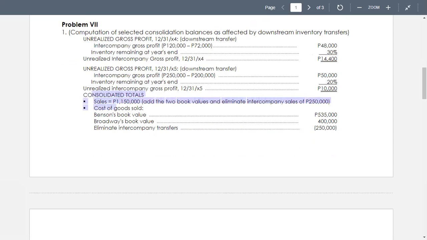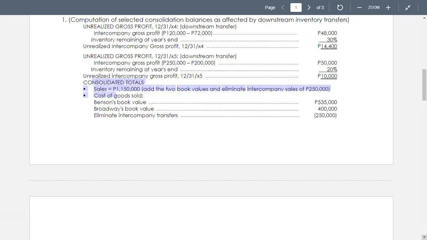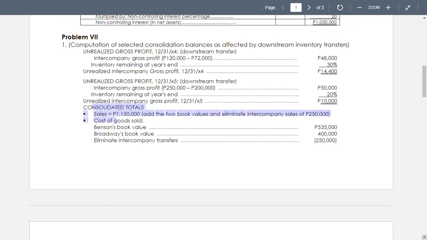At year-end, 30% remain. BB sells BW inventory costing 200,000 during 20x5 for 250,000. At year-end, 20% is left. With these facts, determine the consolidated balances for the accounts A up to letter I.